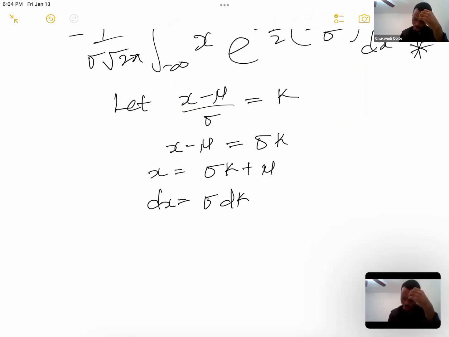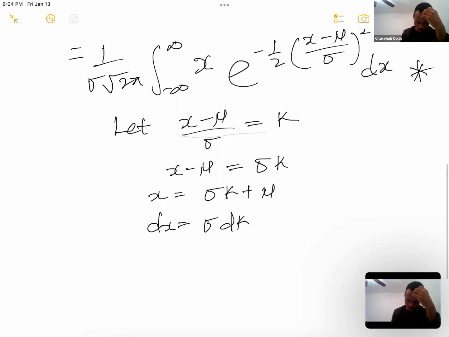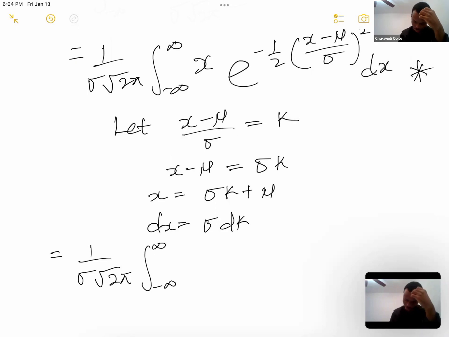So substituting into equation star, I will have 1 all over sigma square root of 2 pi, integral minus infinity to infinity. So what is x? Look at x. x is sigma k plus mu, e raised to minus half.